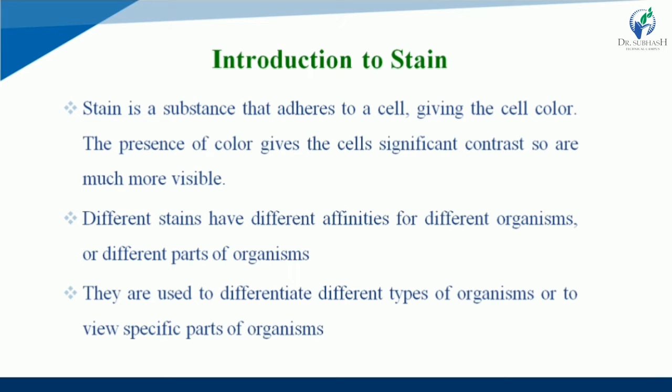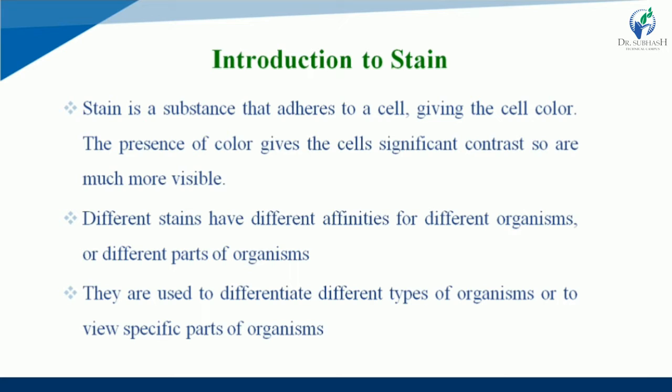So what is the role of stain? Stain sticks with the cell and gives the cell color. Different stains have different affinities for different organisms as well as different parts of organisms.